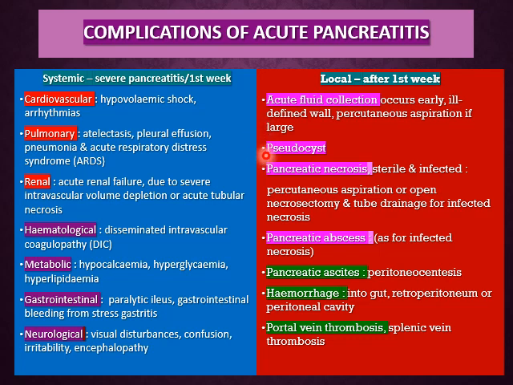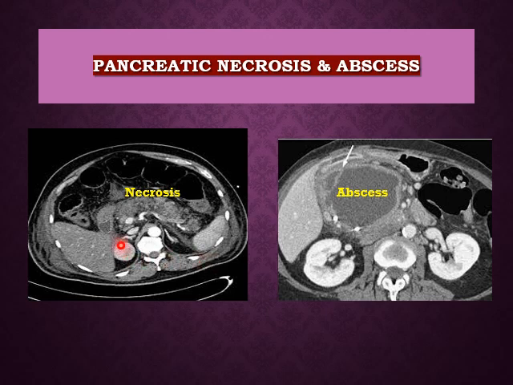pseudocyst of the pancreas, pancreatic necrosis, pancreatic abscess, pancreatic ascites, hemorrhage into the gut, and portal vein thrombosis, or even splenic vein thrombosis. Here is massive necrosis, and here the necrosis is secondarily infected by bacteria and forms a pancreatic abscess.